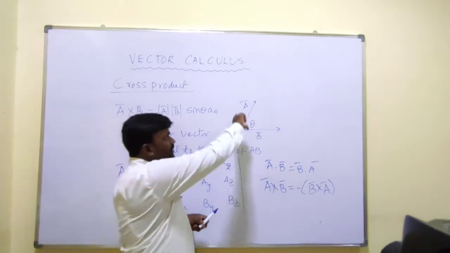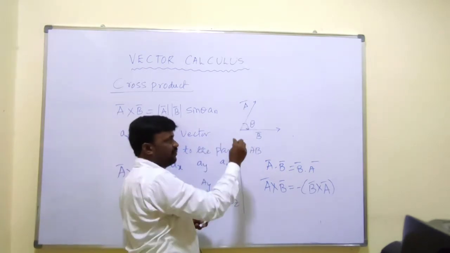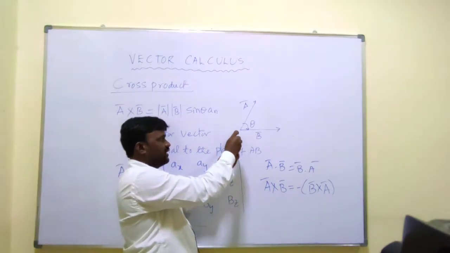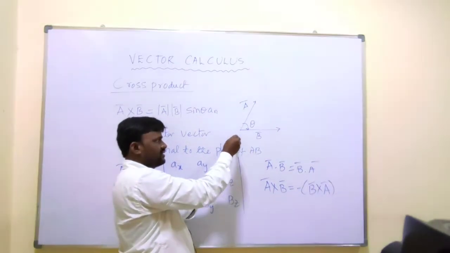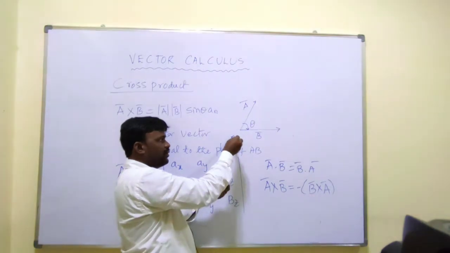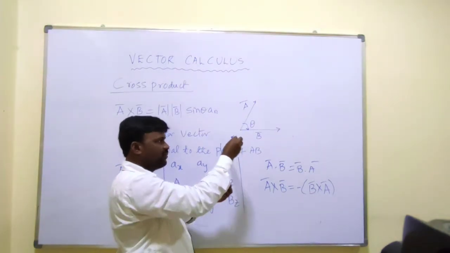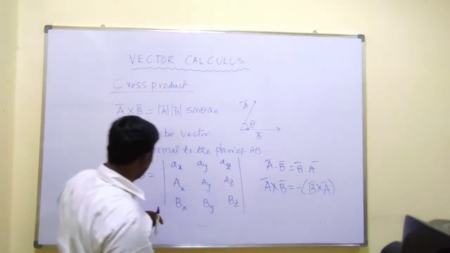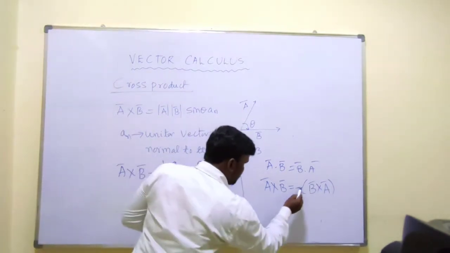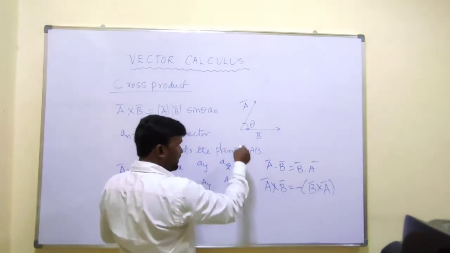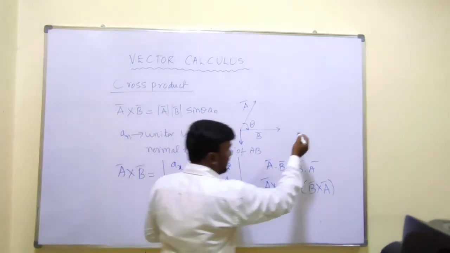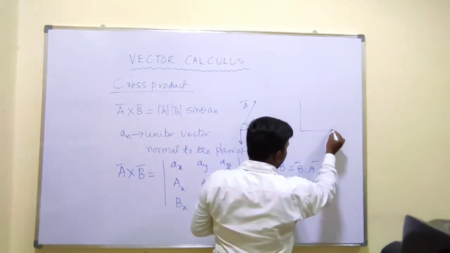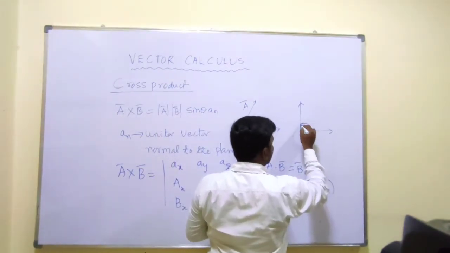Because if you move in this direction, like this, if I move this marker in this direction, it is moving into the board. If I move like this, it is coming out of the board, if it is the screw.